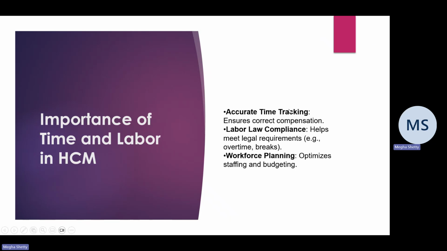What is the importance of Oracle Time and Labor in HCM Cloud? Here it helps to get accuracy, basically because it's more automation and most of the calculation is already inbuilt. The errors that humans make can be reduced, and hence we can reach accuracy and an efficient solution.